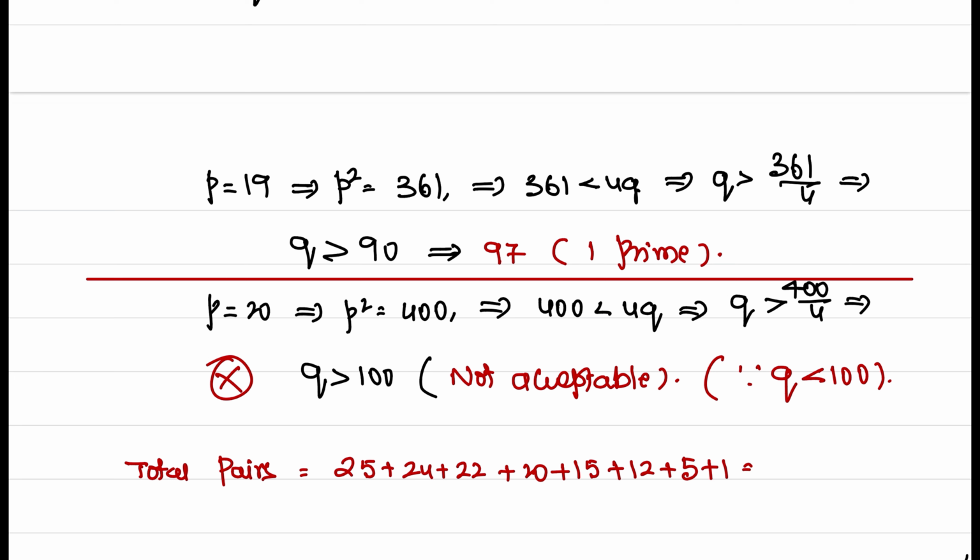That is equal to 49, 71, 91, 106, 118, plus 6, 124. The answer is PQ pairs is equal to 124 pairs. 124 is the answer. I think you have got the meaning of it.